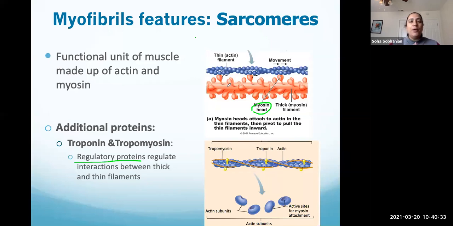So the reason troponin and tropomyosin are called regulatory proteins is because when they are present and involved, they prevent muscle contraction from taking place. And when they are moved, and I'll explain that movement in just a few minutes, then actin and myosin can interact with each other and cause muscle contraction.